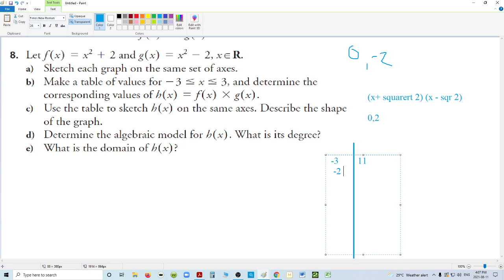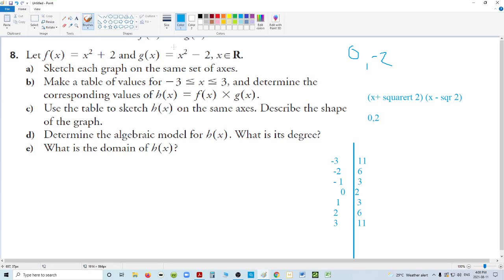When x is minus 2, squared, you're going to get 4 plus 2, 6. For minus 1 squared, you're going to get 1 plus 2, 3. For 0, you're going to get 2. And then it's going to repeat, because it's symmetrical.